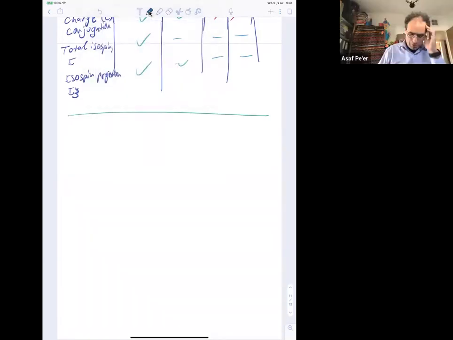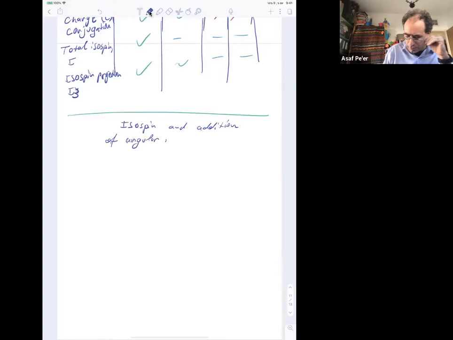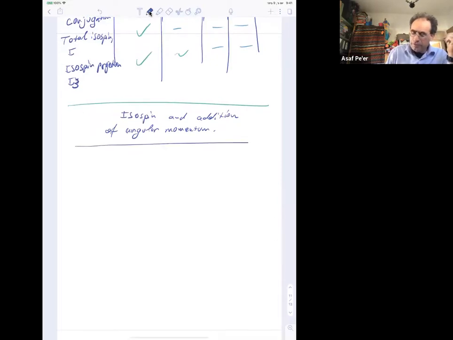So I want to speak about the isospin and addition of angular momentum. We discussed isospin last time.